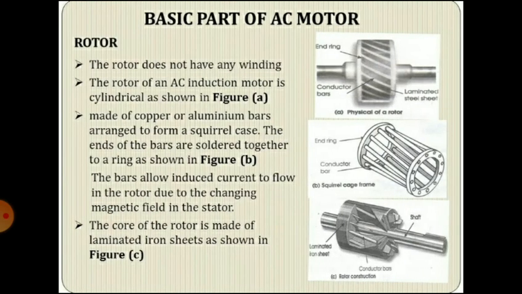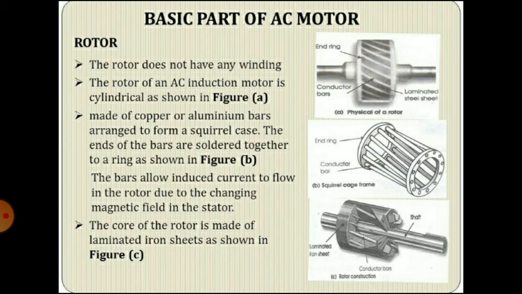And the rotor, you can see the construction of the rotor again. In figure A, the rotor of an AC induction motor is cylindrical. Then in figure B, you can see the different elements.